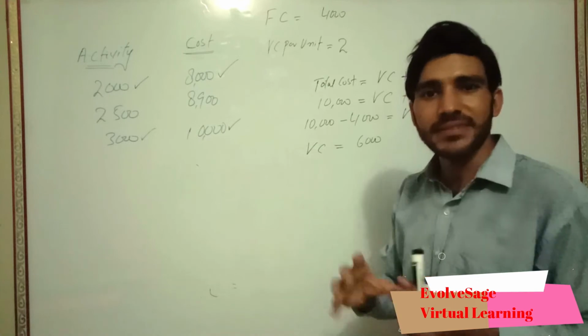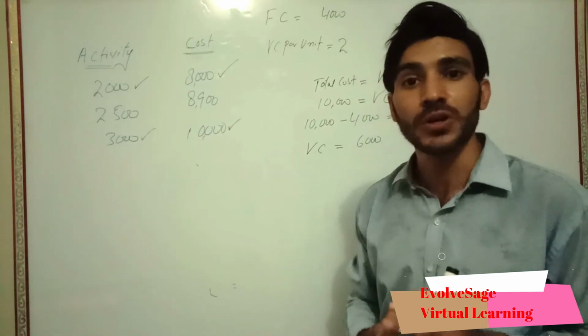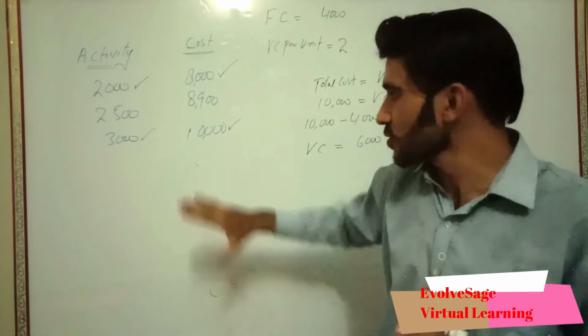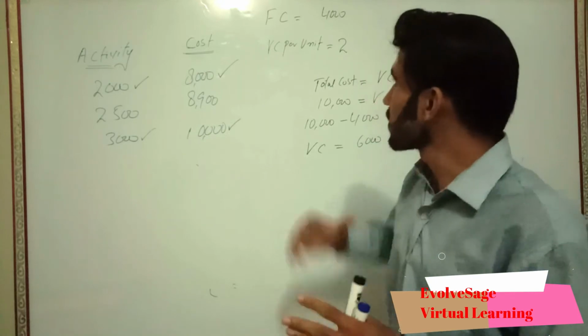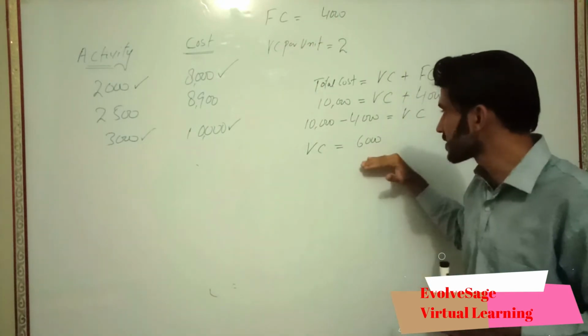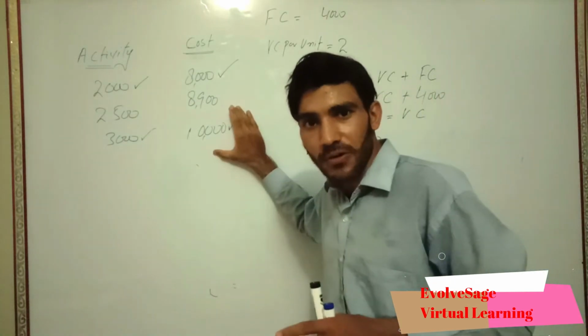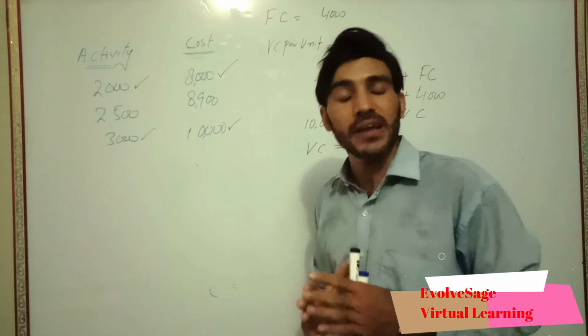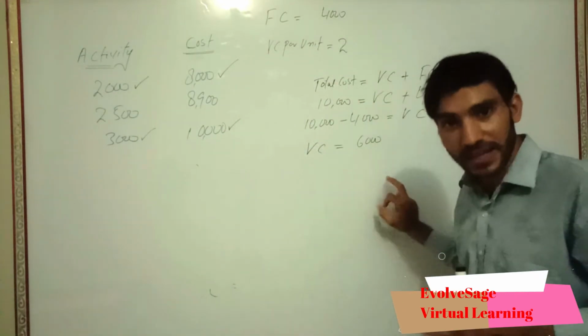So this is one of the simplest methods, the high-low method, which we can use to divide total cost into fixed and variable cost. Our fixed cost is 4,000 and our variable cost is 6,000, and here is our total cost. So we have used the high-low method to divide this cost into fixed and variable cost.